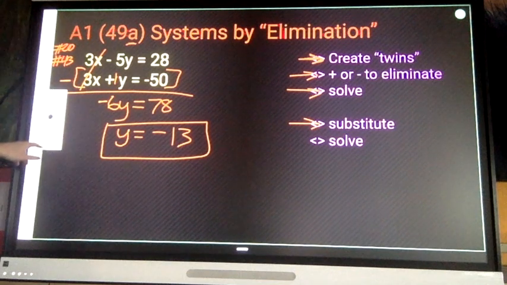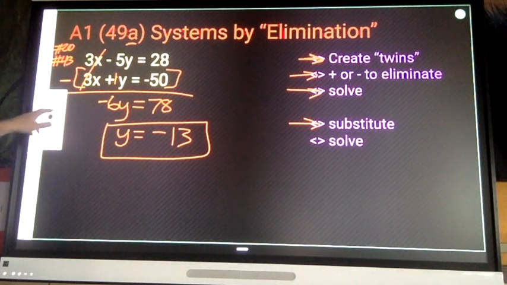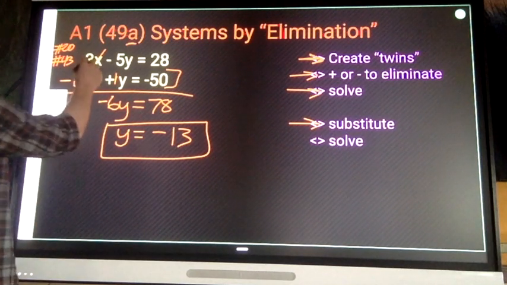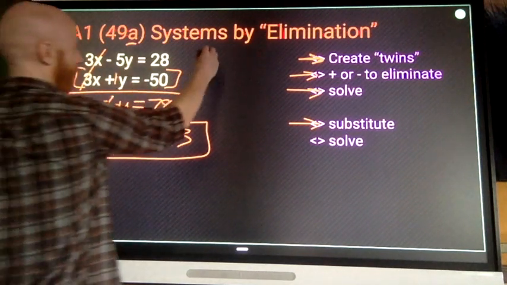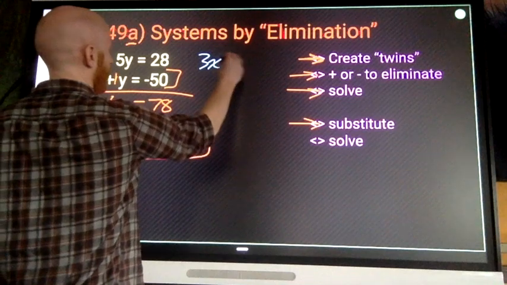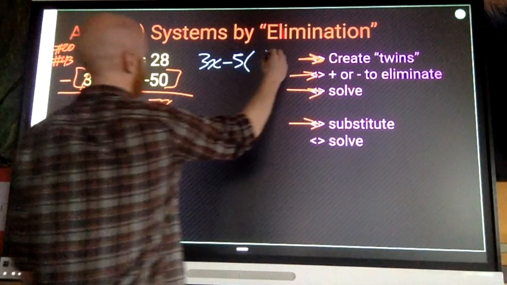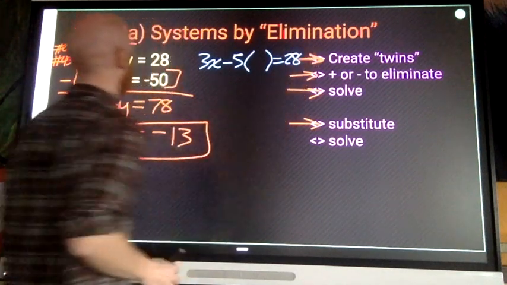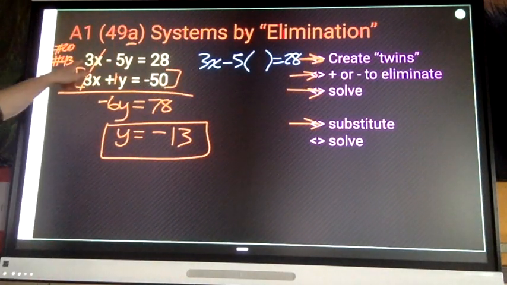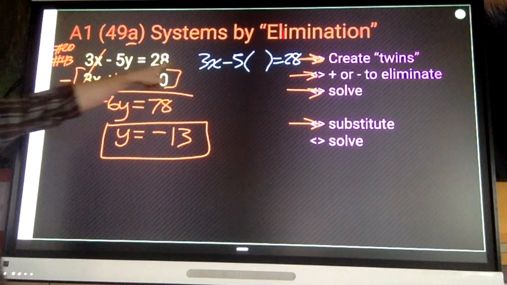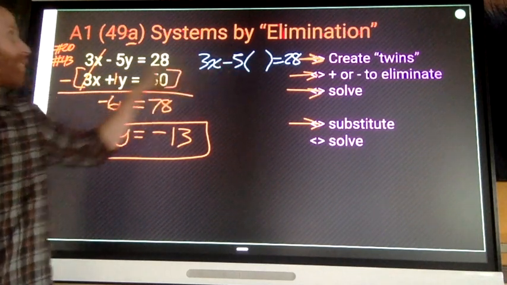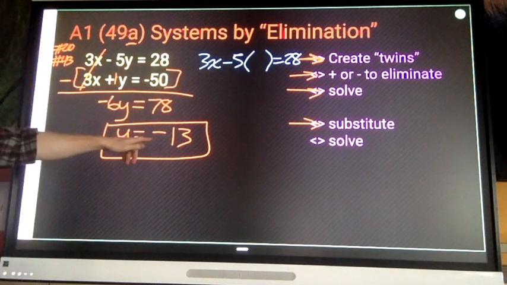It does not matter which equation. I'm going to choose the top equation. So we have, rewriting the top equation, 3x minus 5 times y equals 28. That's what I wrote in blue. Instead of writing y, I'm going to write what y equals.